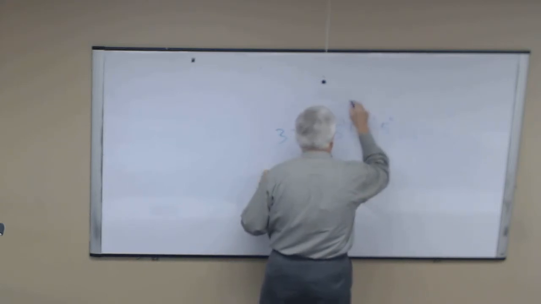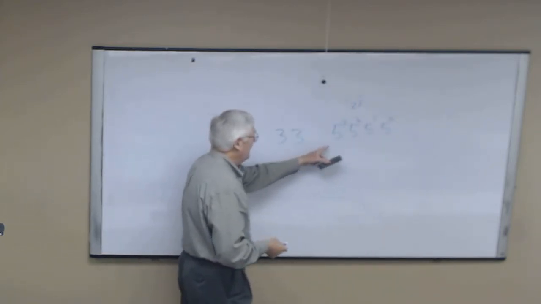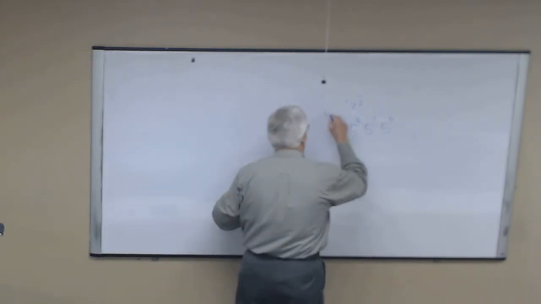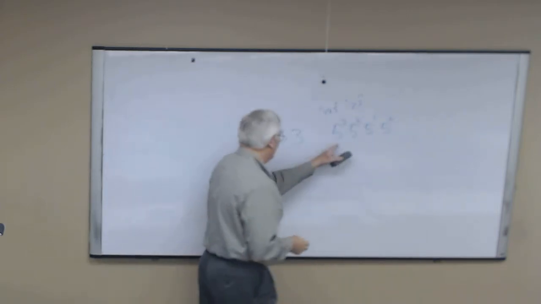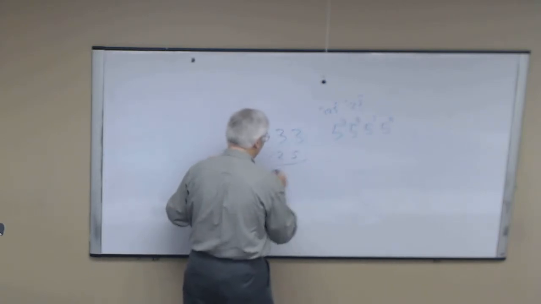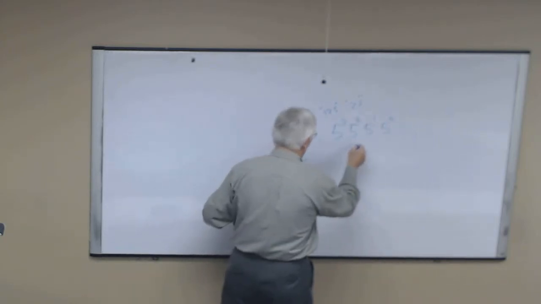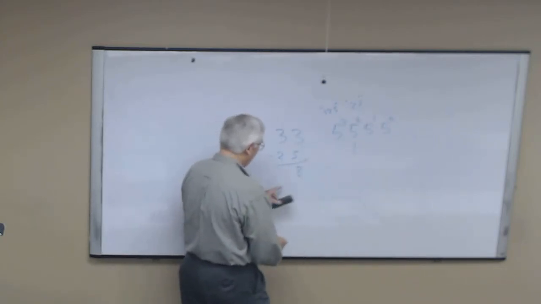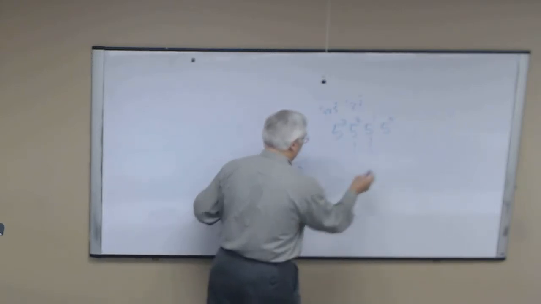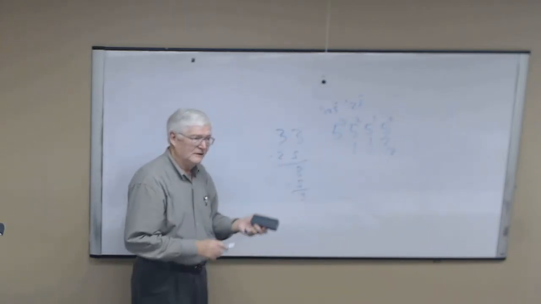Well, 5 squared is 25, and 5 to the third would be 5 times 25, which is 125. So I don't have any of those in 33, but I do have a 25, so I subtract 25, and that leaves me with 8. So I have one of these, and then 8 would give me one of these, minus 5, and then 3 of these. See how I'm just using my place values?